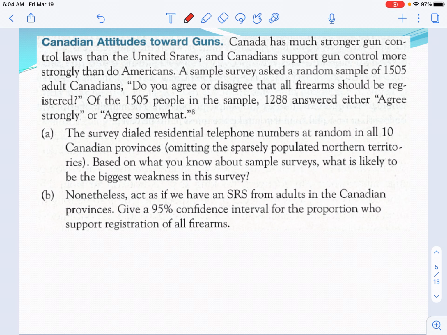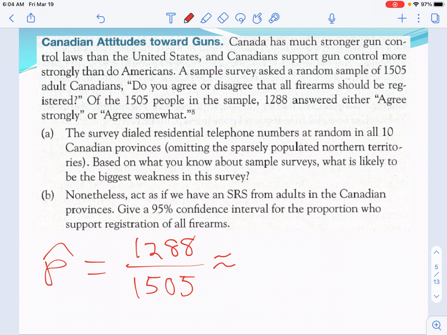Before we get into parts A and B, let's establish our p-hat, our sample proportion. We know that our sample size is 1,505, and of those people, 1,288 agreed strongly or somewhat. So if we were to divide this out to get a rough decimal idea, we're looking at about 86%.